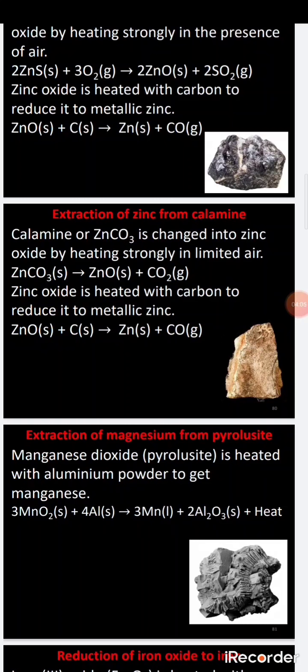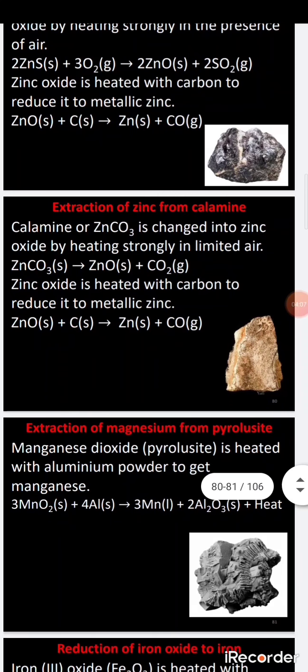The ZnCO3, calamine, is heated in the absence of air to convert it into zinc oxide. So finally zinc oxide is obtained, and carbon dioxide gas is liberated. So ZnCO3 gives ZnO plus CO2.